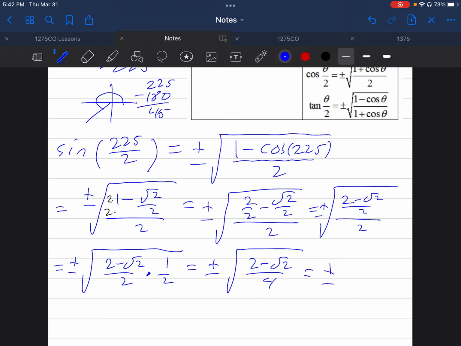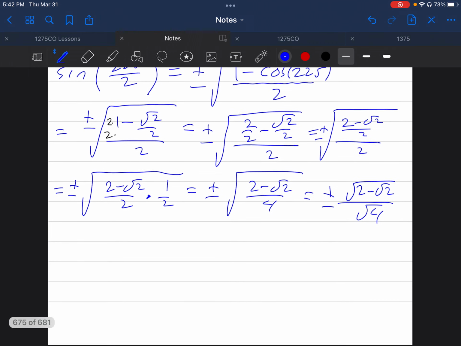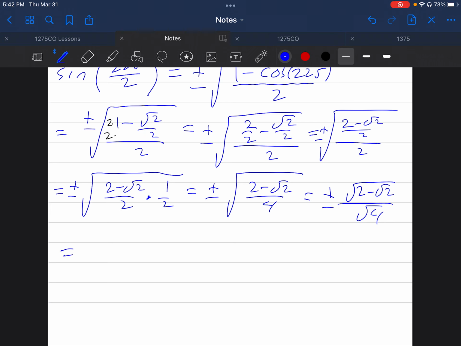So plus or minus 2 minus radical 2 inside a square root. Inside a separate square root, we can separate the numerator and denominator separately and settle upon our answer of plus or minus radical 2 minus radical 2 on the numerator and plain old regular 2 on the denominator.